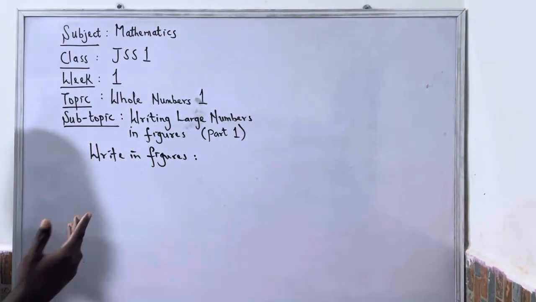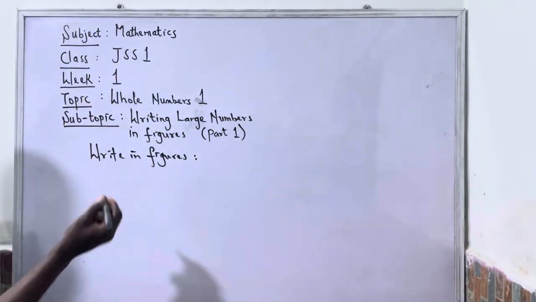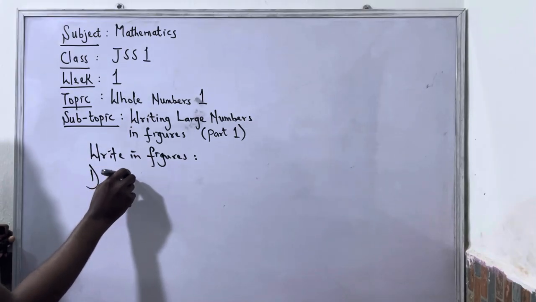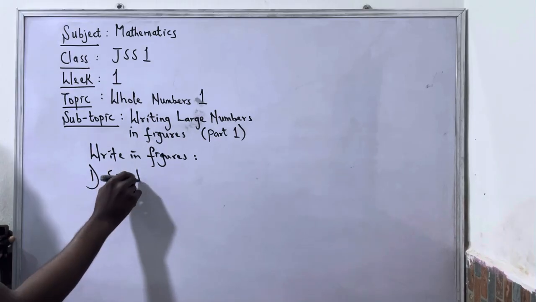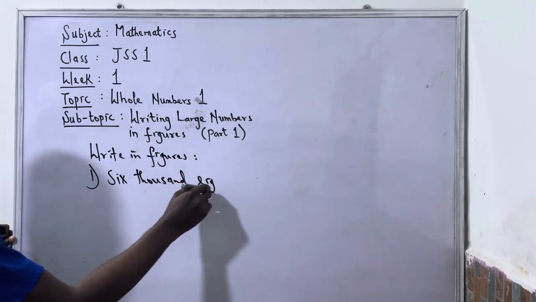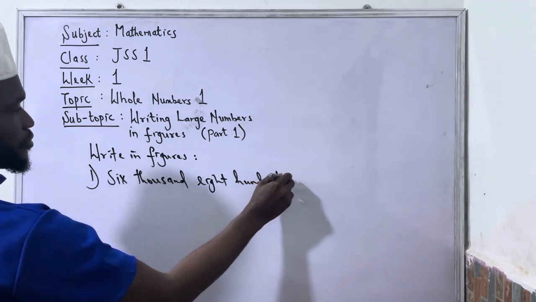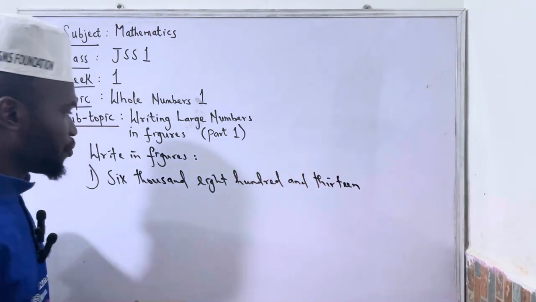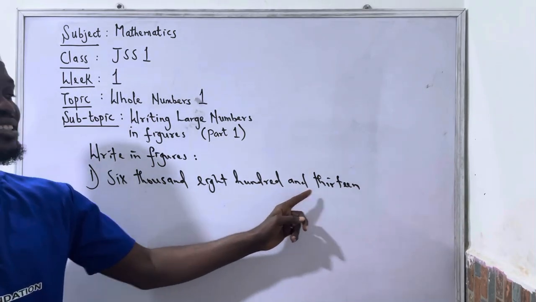So let's see some other example. This time around, I want to choose a bigger number. So what we have here is 6,813.